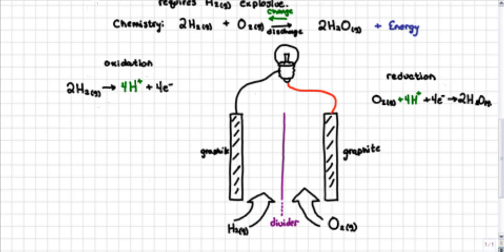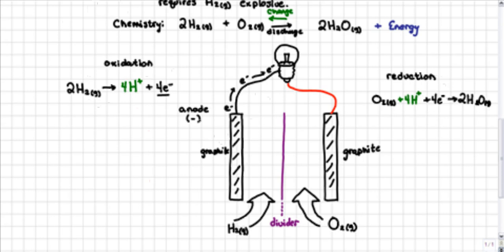Well, let's return to the left-hand side and make some identifications. Where there's oxidation taking place, there are electrons being produced. And so the electrons are produced in the graphite electrode, and they emerge from the graphite electrode and travel up the wire like this. This electrode where oxidation takes place would be referred to as the anode, and it would be identified with the negative sign.